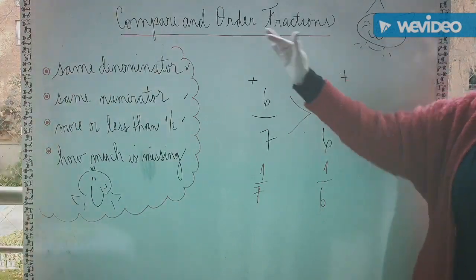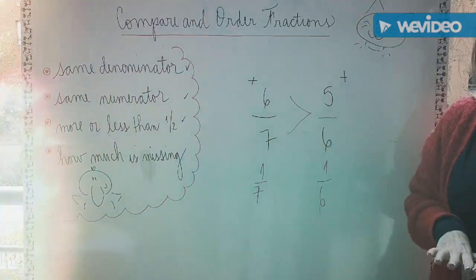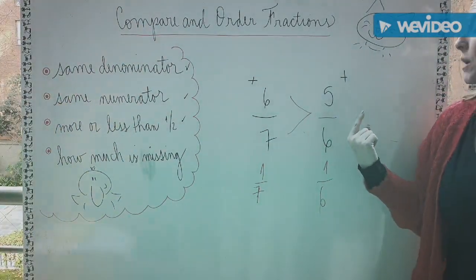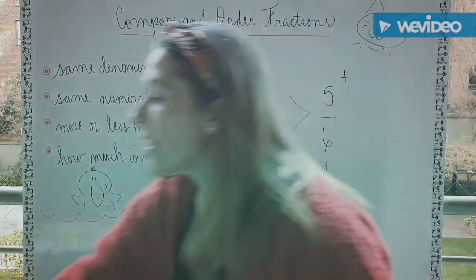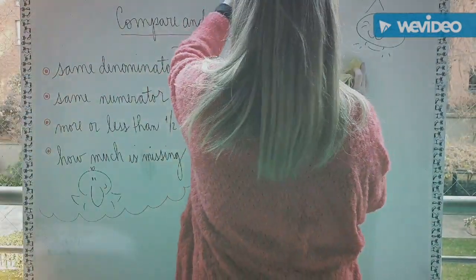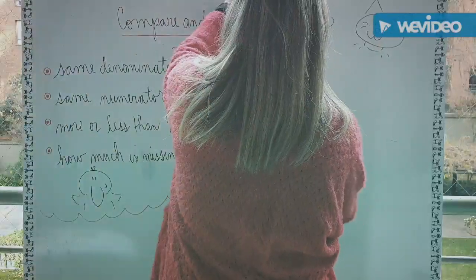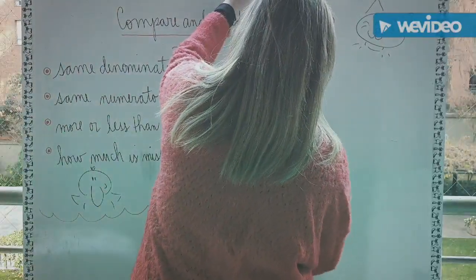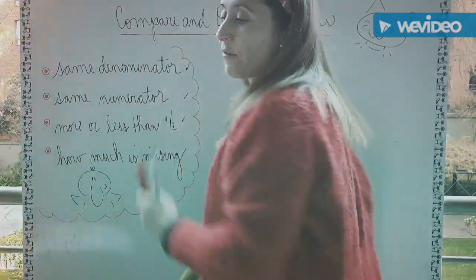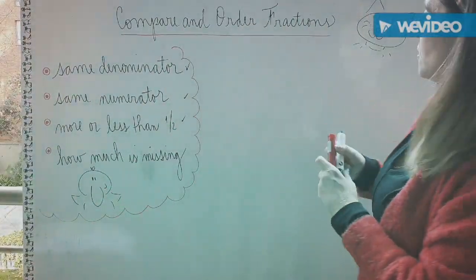So let's apply our rules when we are comparing more than two fractions and we need to order them, okay? Let's see an example. For this, I'm going to give you 4 fractions and we're going to be working together.